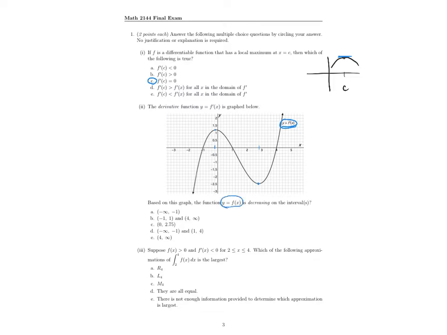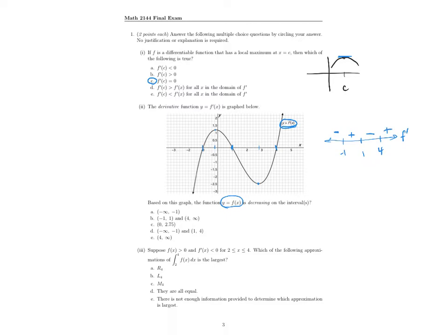Okay, if I know that where f prime is 0 is where I have these possible maxes and mins, I'm just going to draw my little number line, and I know f prime is 0 at -1, 1, and 4. And f prime is negative when I am to the left of -1, positive between -1 and 1, negative between 1 and 4, and positive when x is greater than 4.